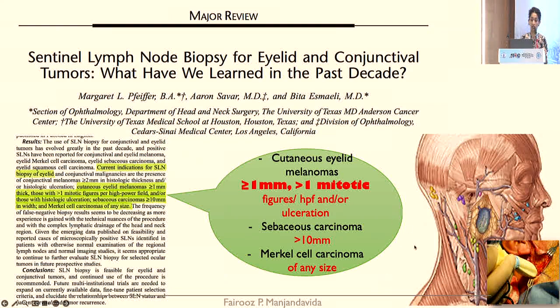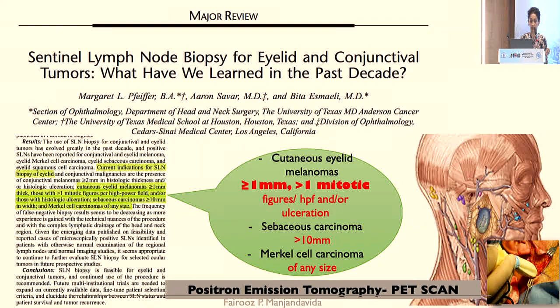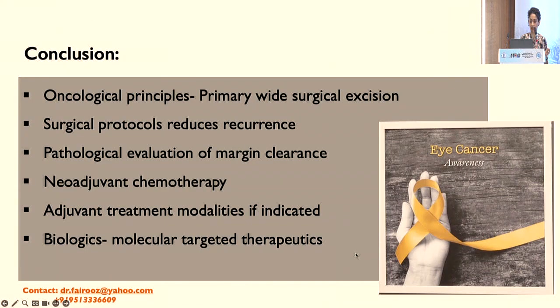We do the sentinel lymph node biopsy, where technetium-99 is injected into the medial canthus, and then with the gamma probe we assess whether there is any uptake in the sentinel lymph node, and then a biopsy is done. Now, positron emission tomography is definitely done in lethal eyelid malignancy in order to assess systemic metastasis, and this would be the criterion for the PET scan in eyelid tumors.